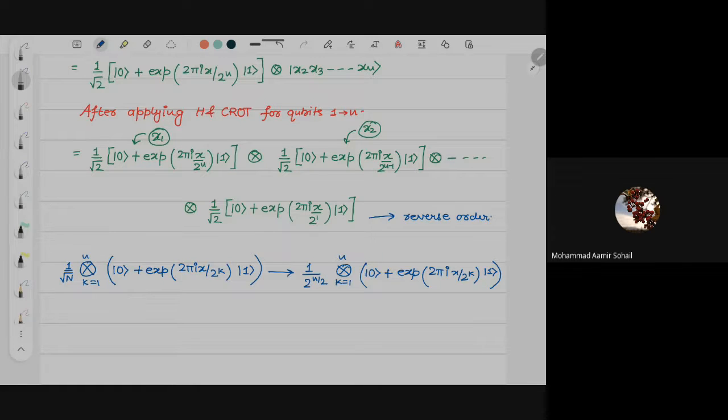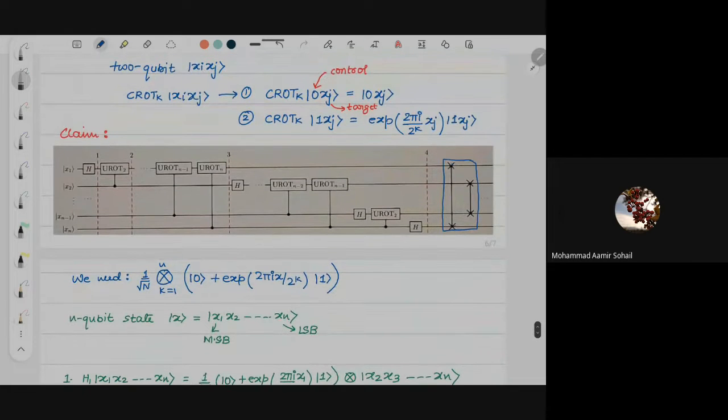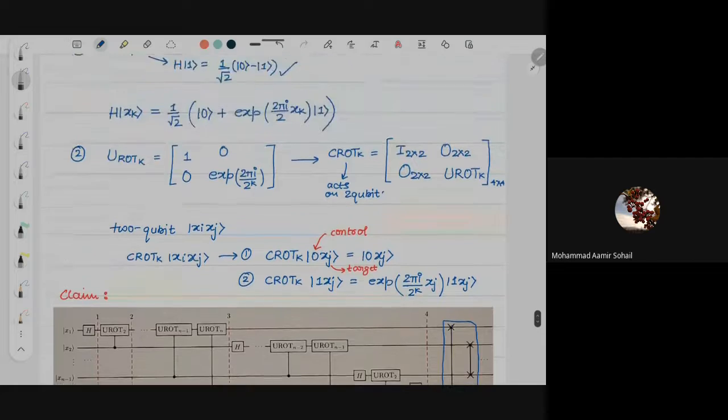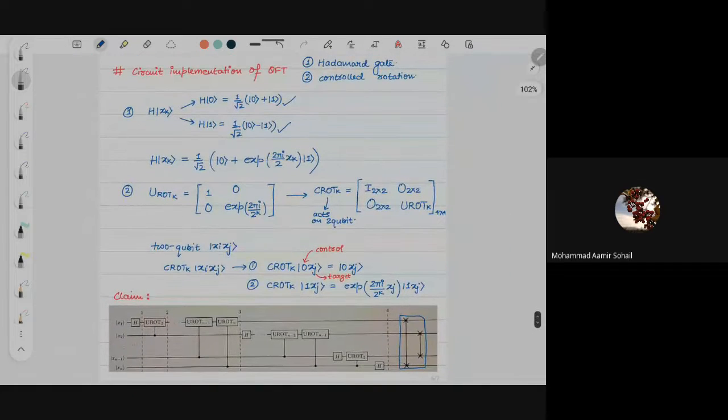So this is the whole proof, and the circuit for this QFT. Just to summarize, the circuit for this QFT contains only two gates, Hadamard and the control rotation. The Hadamard acts like this, the control rotation acts like this, and this consists of this U rotation.